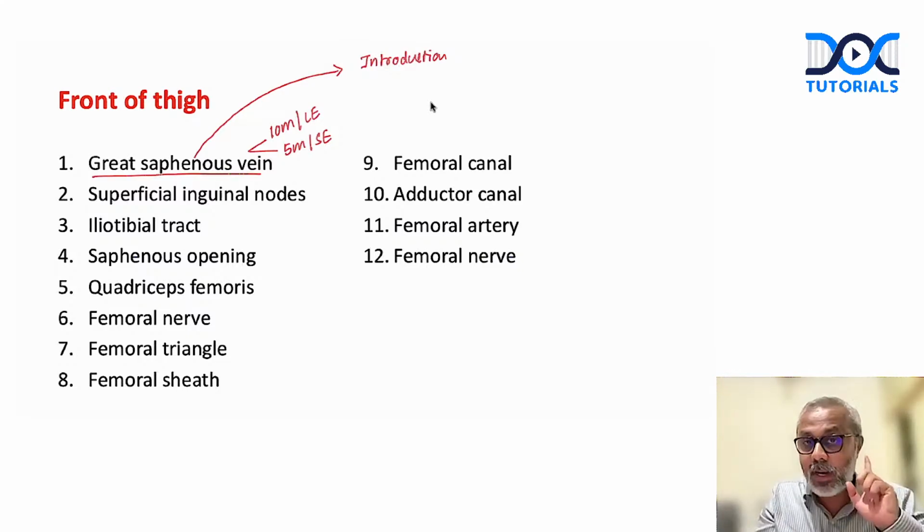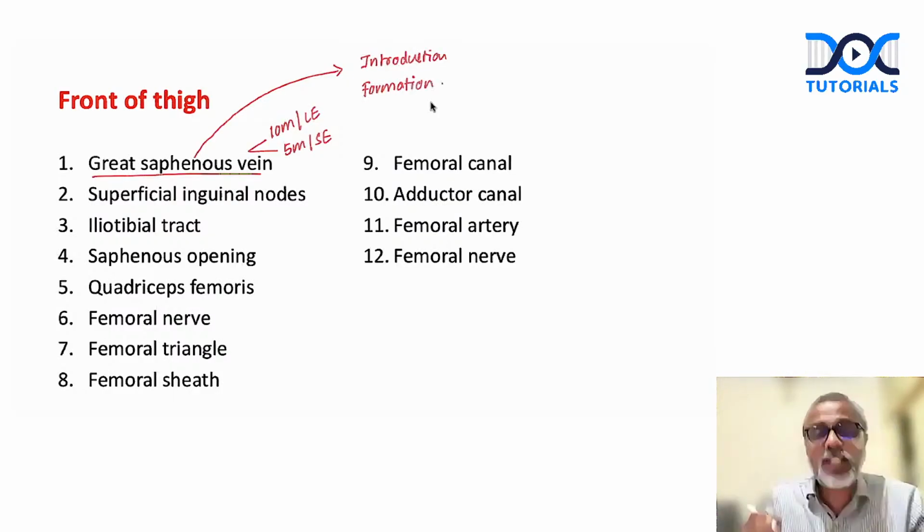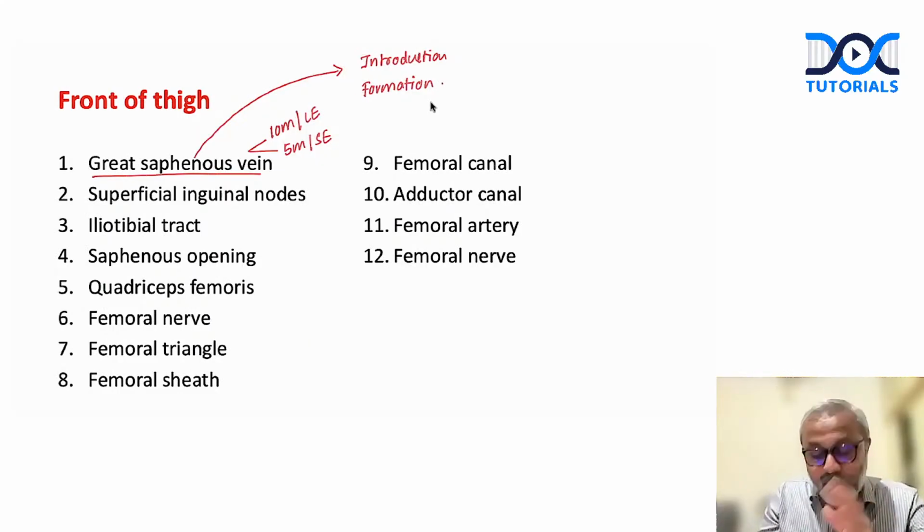And when we talk about veins, remember the next heading we will give is formation. How exactly the vein is formed? The vein is formed by the union of medial marginal vein and the medial end of the dorsal venous arch, right? Then, once we have written the formation, all the veins need to terminate, right?